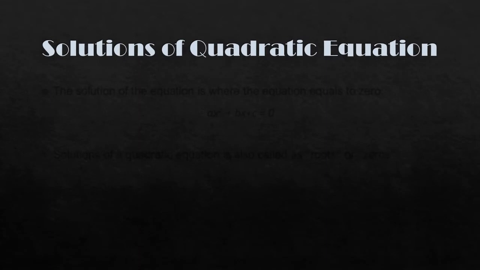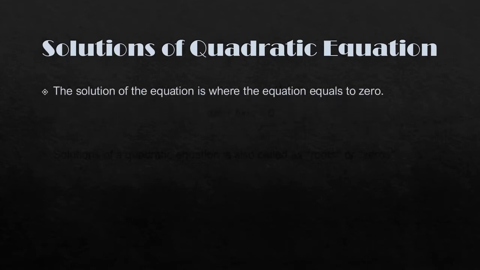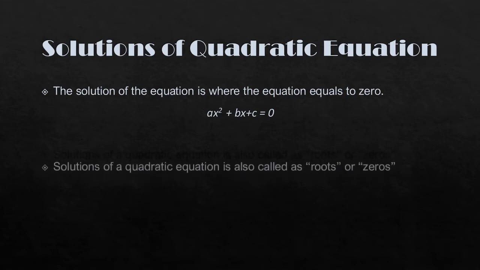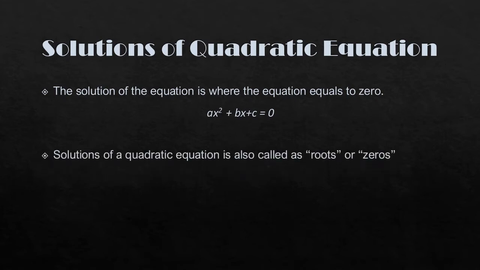Now in quadratic equations we have what we call solutions. The solution of the equation is where the equation equals 0. So we can express that as ax squared plus bx plus c equals 0. The solutions of a quadratic equation are also called roots or zeros.